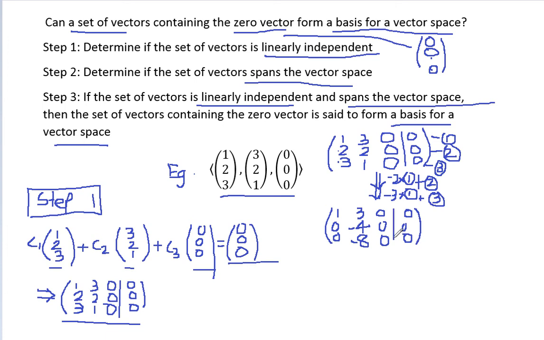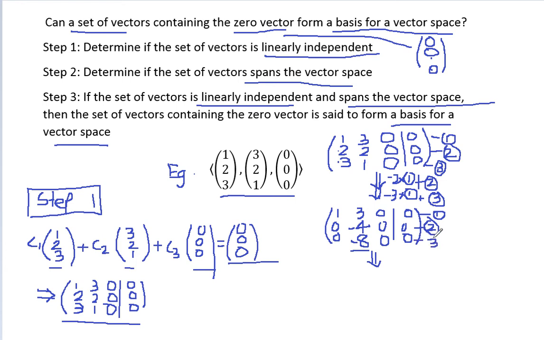Now you want to eliminate the entry in the second column in the third row. This is row 1, row 2, row 3.